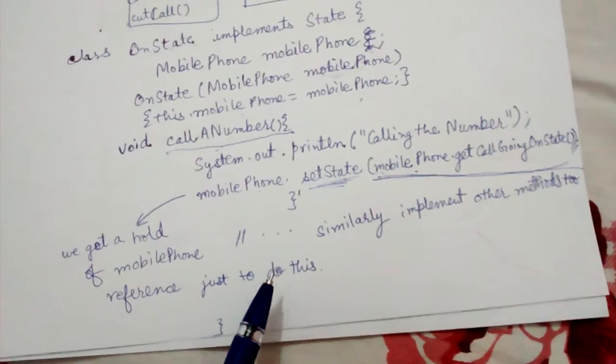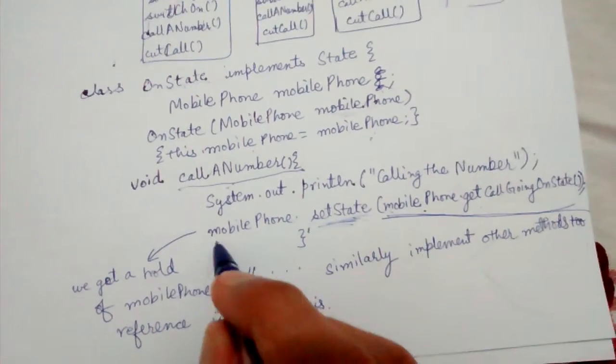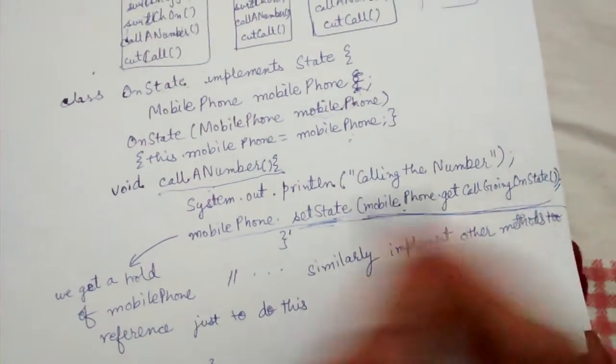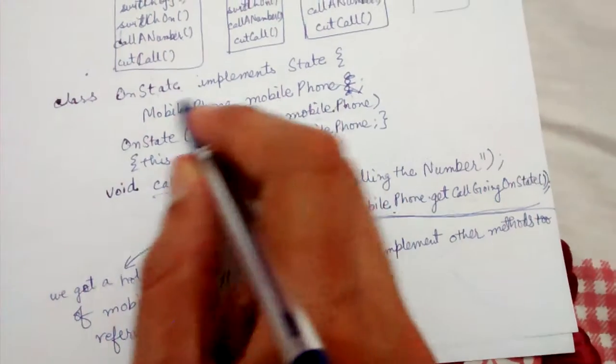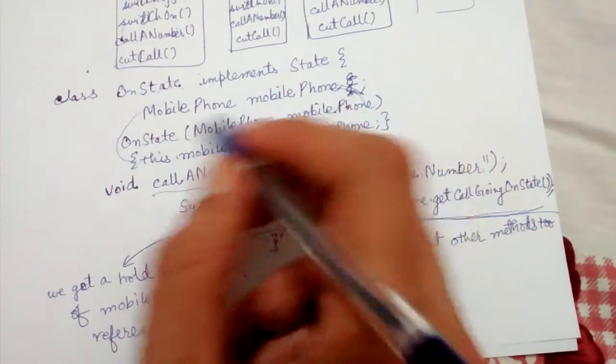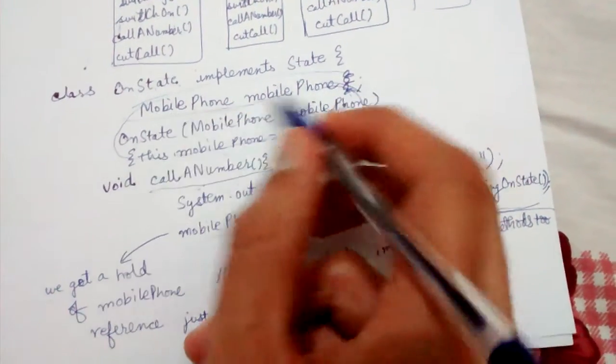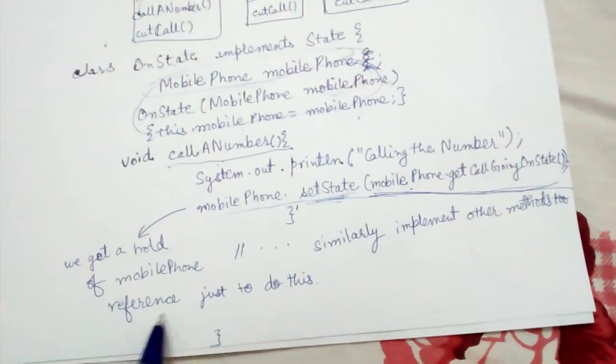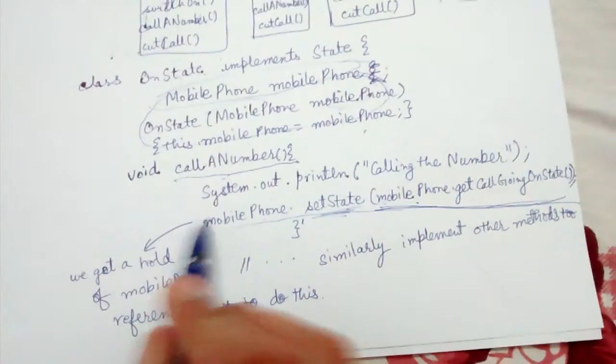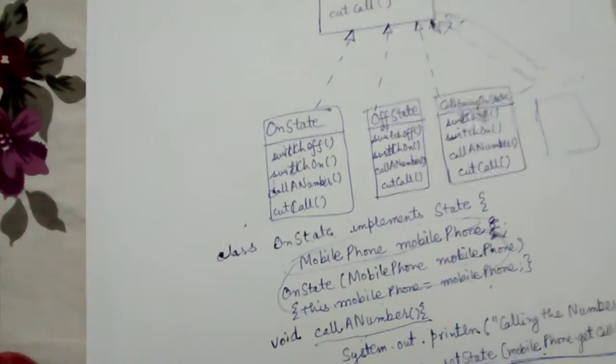Okay, so for writing this line of code only, we had this in our constructor, and we had this variable here. So we get a hold of the mobile phone reference just to do this line of code. So let's look at the mobile phone class to make everything crystal clear.